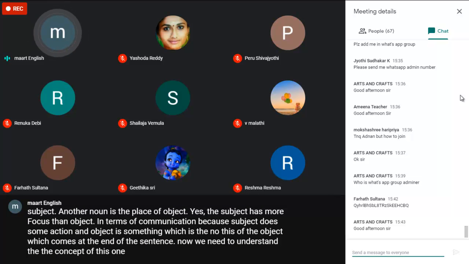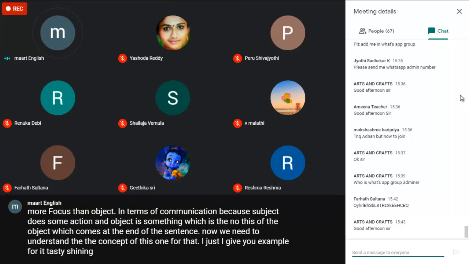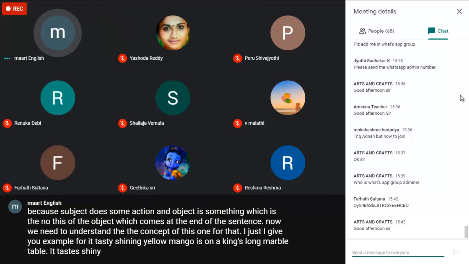For that, I give you the example: a tasty shiny yellow mango is on the king's long marble table. Look at the sentence.